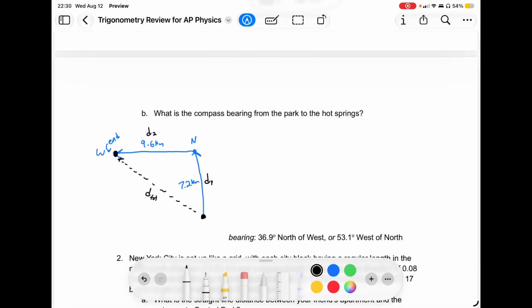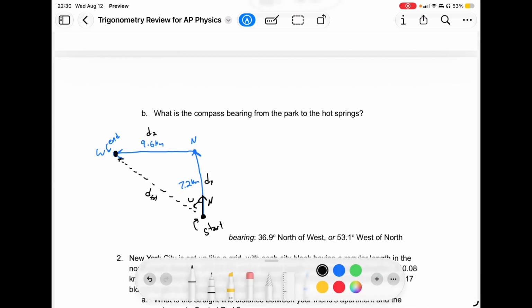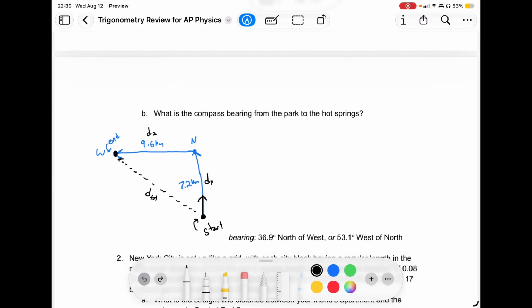For part B, we want to figure out our angle from our initial starting position, start, over to our end, right? So there, again, are a couple of ways we can do that. We can either start looking north and figure out how far west we go to get to that vector, that displacement from our start to our end point, or we can start looking west, and we can figure out how far north that is of our west bearing to get to our displacement that we ended up with.